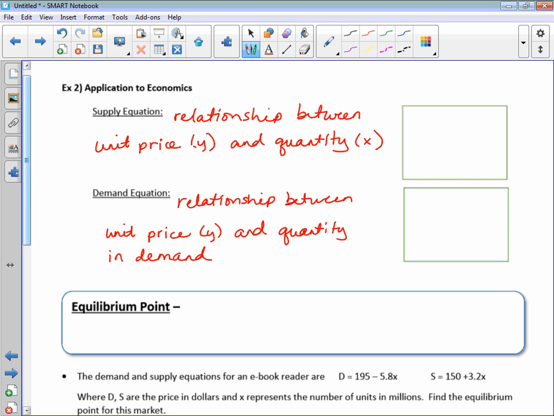You guys talk about supply and demand all the time, right? You have a good understanding of the basic idea there.